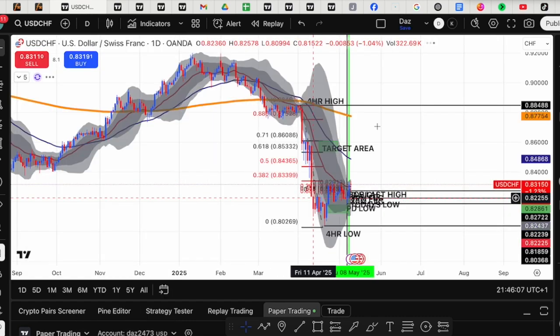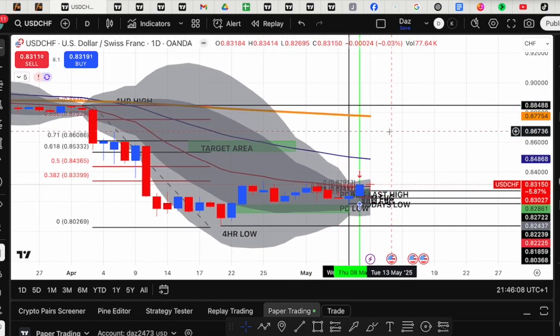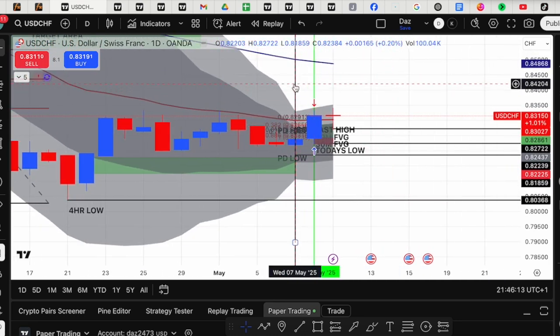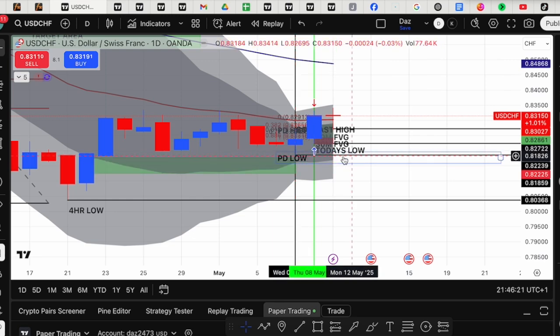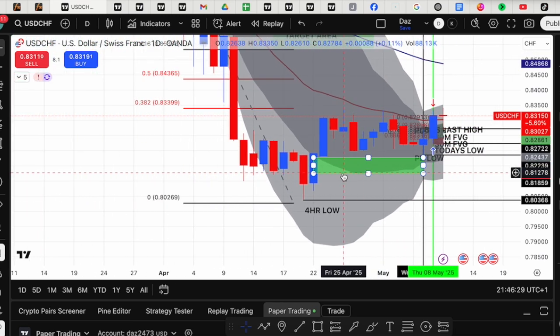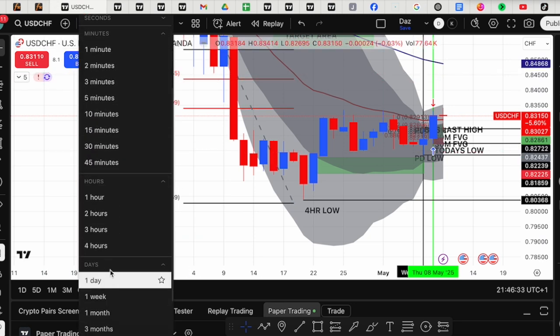I marked the day with the black candle, then a horizontal line for the open and close, a vertical line down, and a green one for the present day. Then I would have gone to the 4 hour.